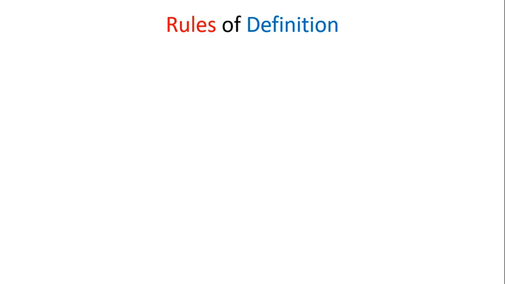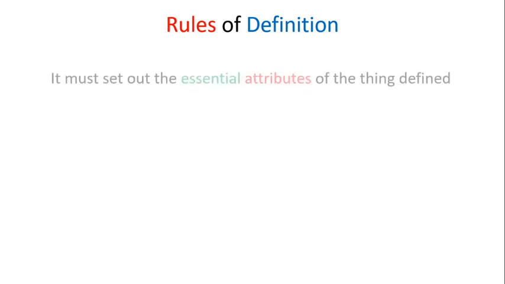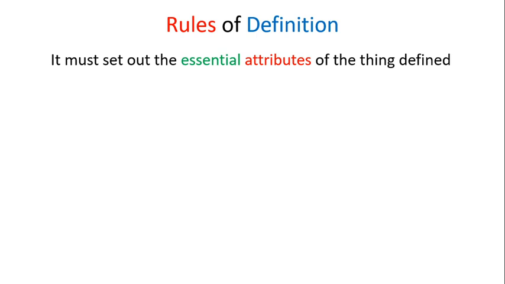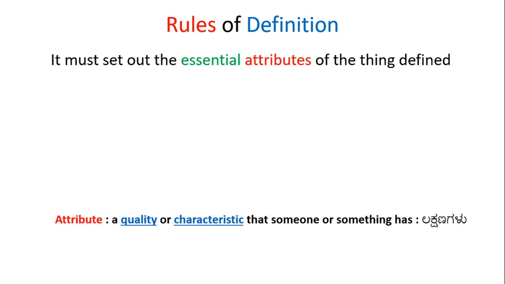There are some rules to be followed if you want to define a word. It must set out the essential attributes of the thing defined. This is the first condition. Attribute means a quality or characteristic of someone or something, that lakshanagalu, those qualities should be very clearly defined.